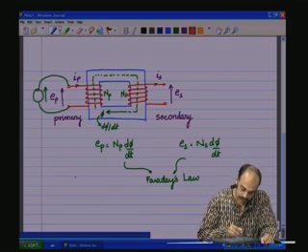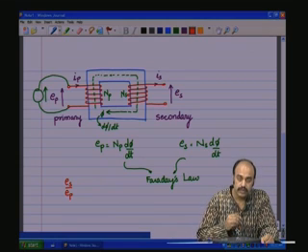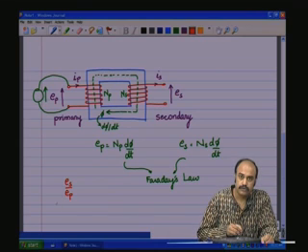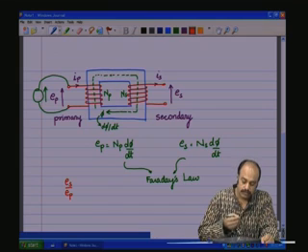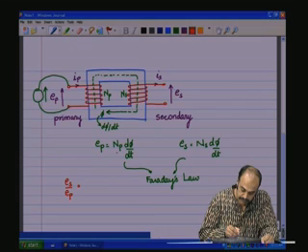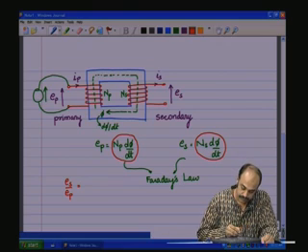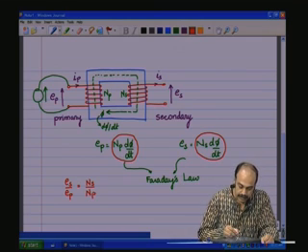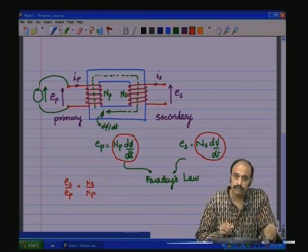Now, E secondary by E primary, that is the voltage across the secondary divided by the voltage across the primary, that is the ratio of the secondary port voltage to the primary port voltage, is equal to, using these two terms, NS by NP, because d phi by dt is the same for both the coils, because it is the same flux which is linking both the coils.